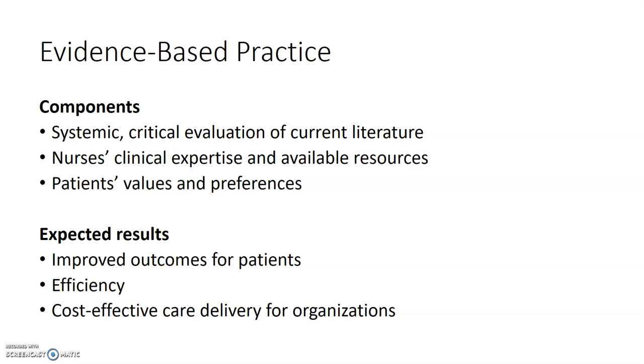For example, even if the evidence indicates that a particular intervention is effective in improving care, if nurses do not have the expertise or resources to implement the intervention, or if the intervention is contrary to the patient's values and preferences, implementing the practice will not be effective in achieving the expected results. Improved outcomes, efficiency, and cost-effective care delivery are the expected results of all evidence-based practice.